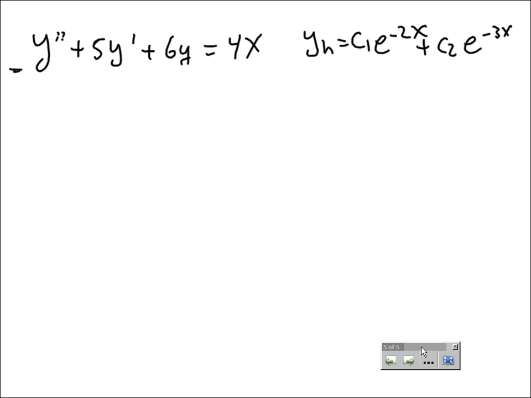So we need to find U1 and U2. Well, first, we can find U sub 1 prime. Remember, that's going to be Y1, and that's going to be Y sub 2.